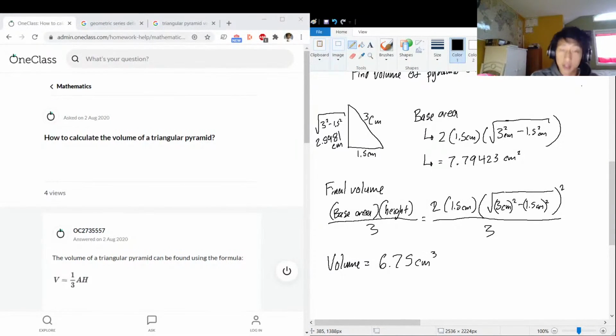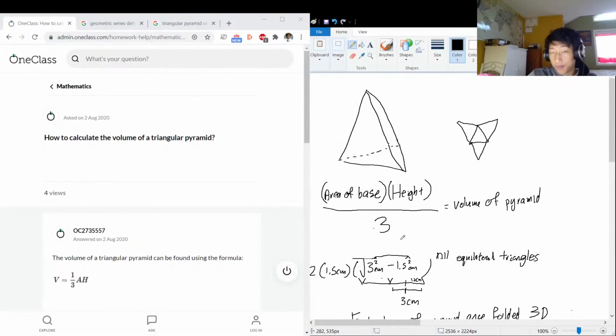That would be how we calculate the volume of a pyramid. You got to find the area of the base and you got to find the height. Then you multiply those two together, divide by 3, and that's the volume of the pyramid. Sounds good? I think so.